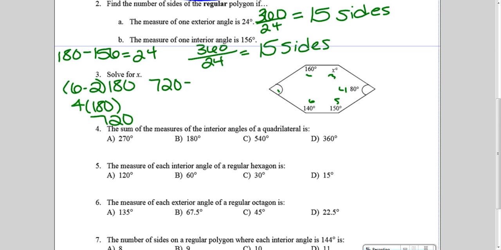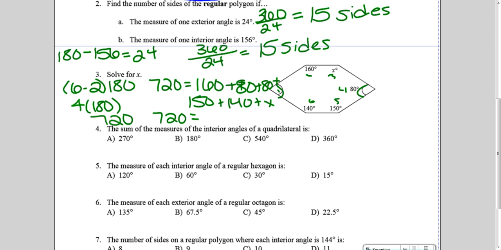So 720 equals 160 plus 80 plus 80, because we know these two are congruent, plus 150 plus 140 plus x. Well, if I add up all those numbers together, I get 610 plus x, and then subtract, I get x is 110 degrees.